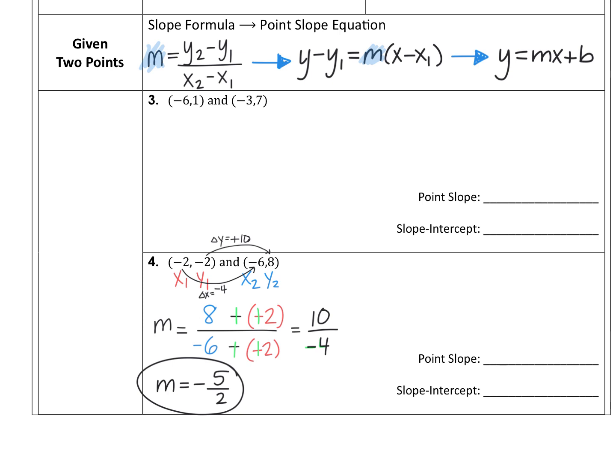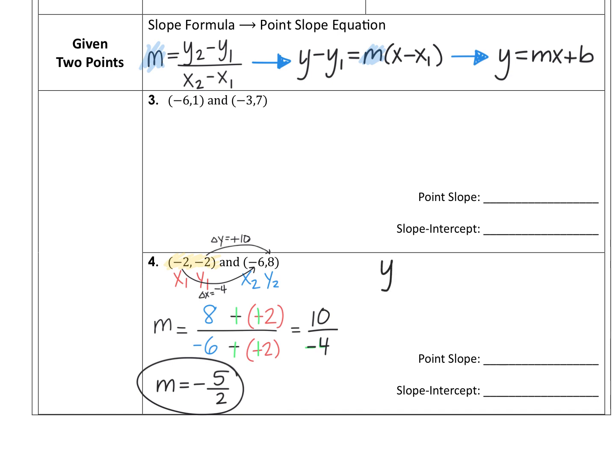Okay, take that slope down, and you're going to plug it into the equation. We're going to choose a point that we like. I'm going to choose the first one, just so we see one like this. So -2, -2 is my point, and I'm going to subtract it.